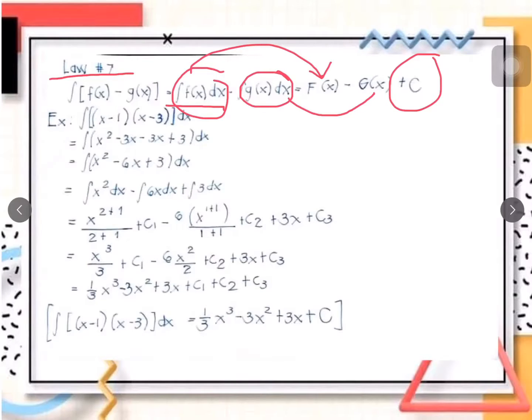x minus 1, our first term, which is our f of x, multiplied by x to the third. Since there is no multiplication in our laws, we will apply the FOIL method.